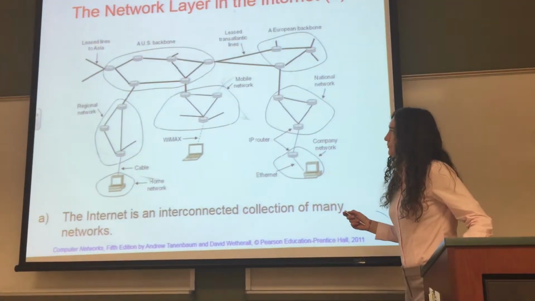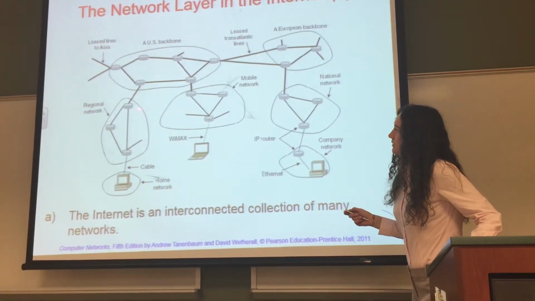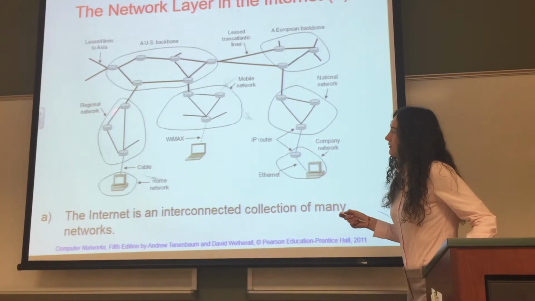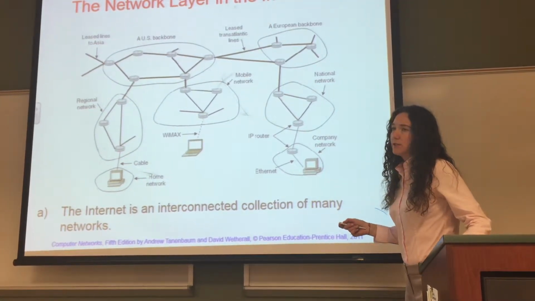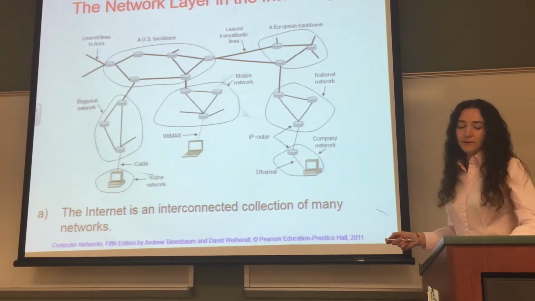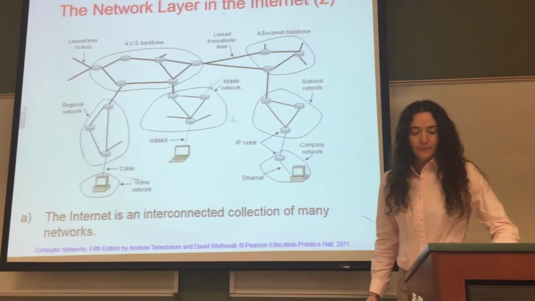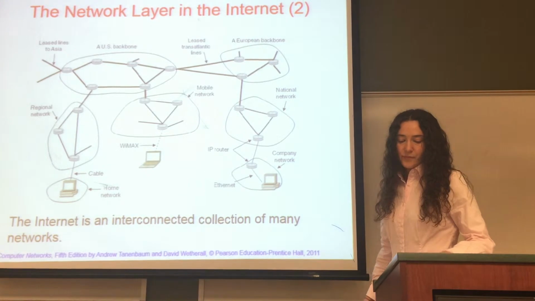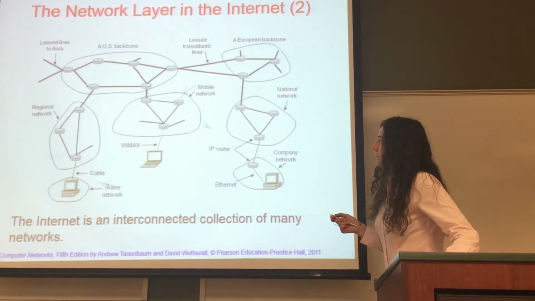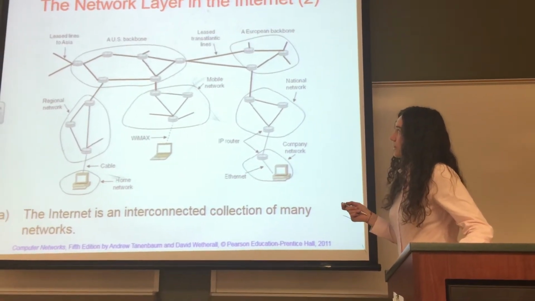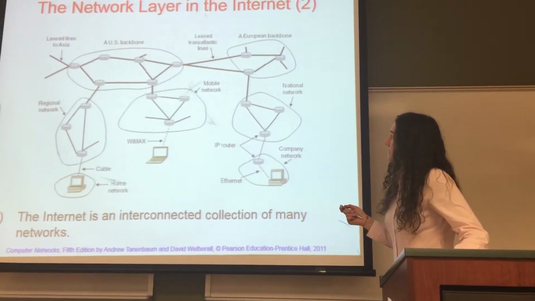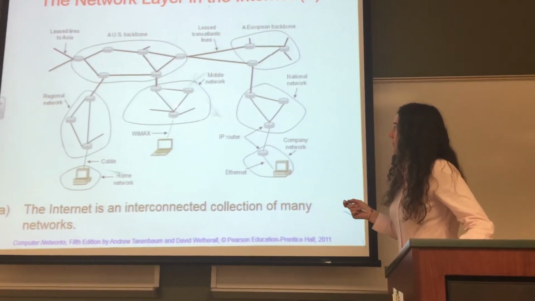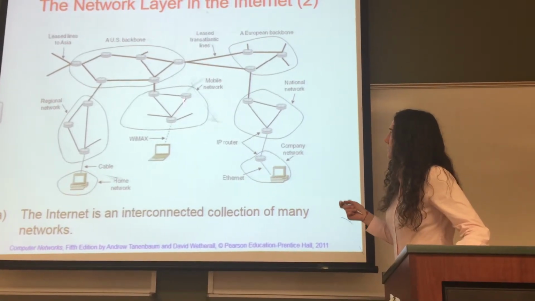Like for example, this here is a regional network considered an autonomous system, which means it's a separate system that is connected to another network, let's say this backbone. Then this WiMAX is another autonomous system connected to the rest of the networks.